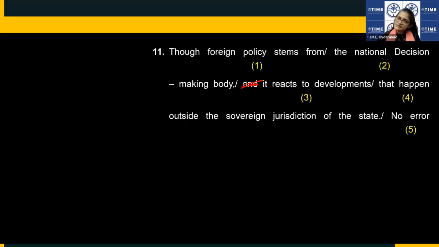Otherwise, you have to continue the sentence. But then there is a contrast here, right? Though it stems from national decision-making body, it reacts to things that happen outside the jurisdiction of the state. State here also means national jurisdiction in this case. So that's the contrast. You do not need and. When you read the sentence, you realize that and makes the sentence confusing. Okay, so the error is in part 3.